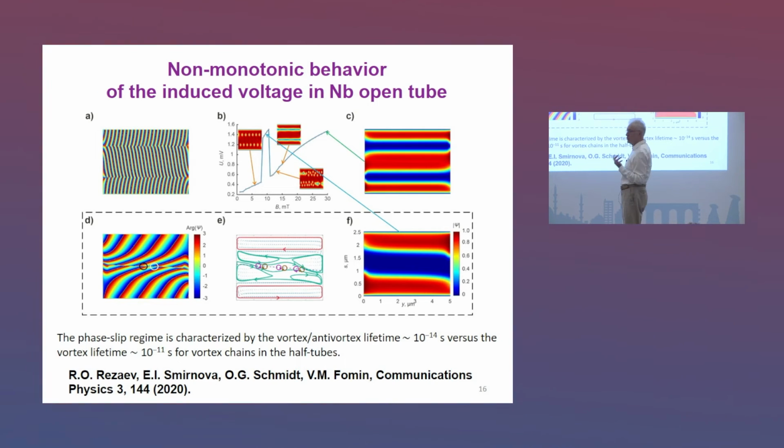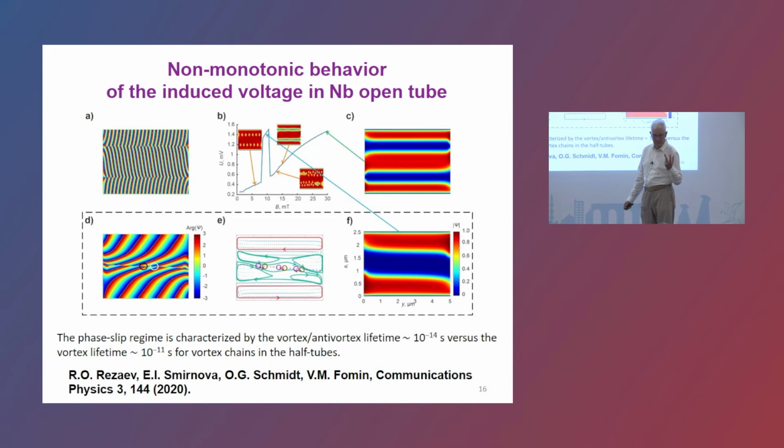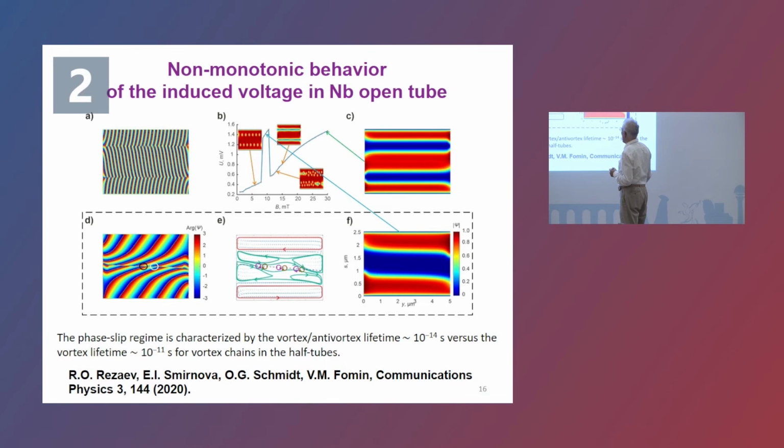And what is interesting in this stage from a topological point of view, we know already that in a tube there are 2 loops of screening currents. But in this regime, we see that the former 2 loops are pushed towards the banks of the slit, and there develop 2 more loops of screening currents, shown here in green.